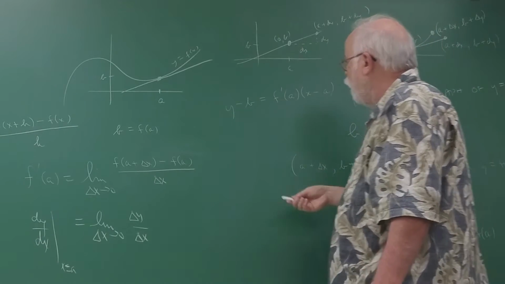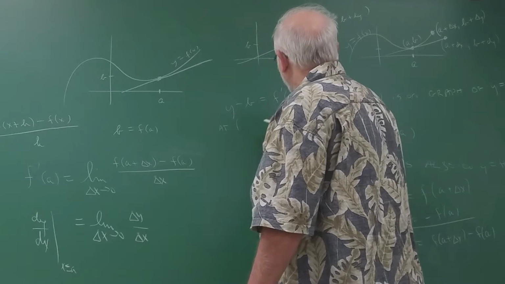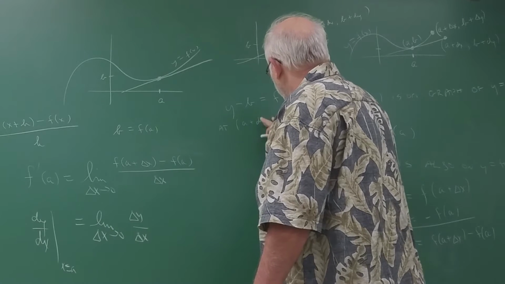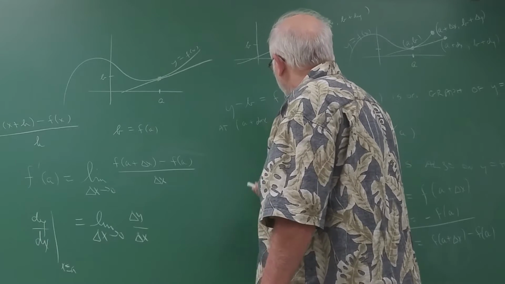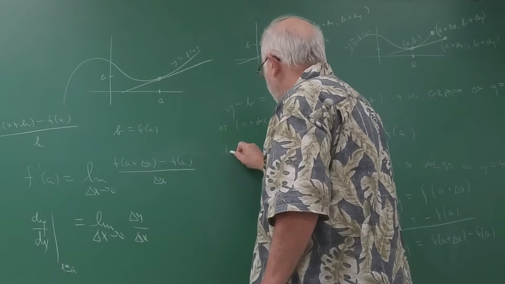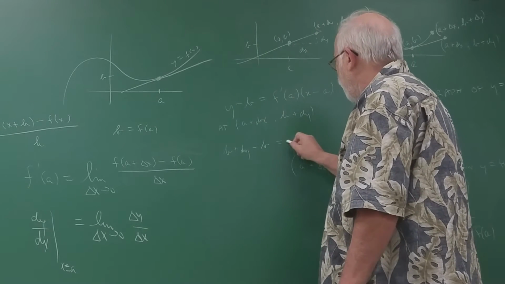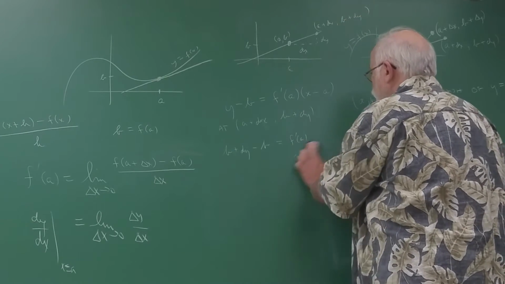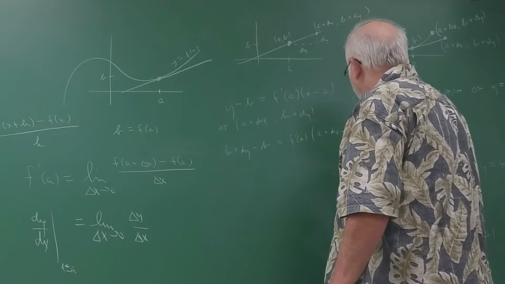But if I'm at the other point, a plus dx, b plus dy, then what I have is b plus dy minus b equals f prime of a times a plus dx minus a.